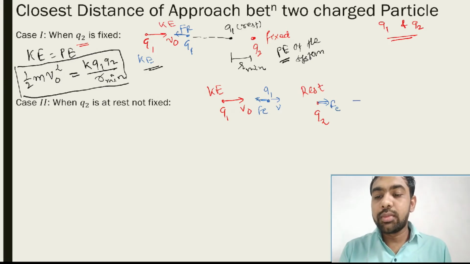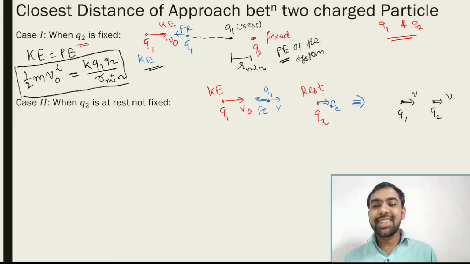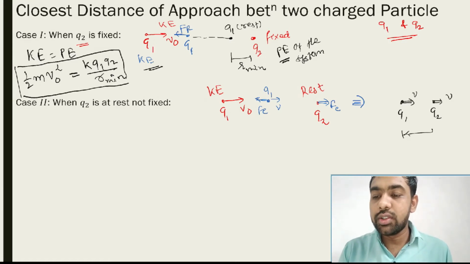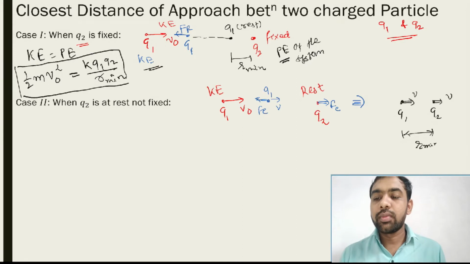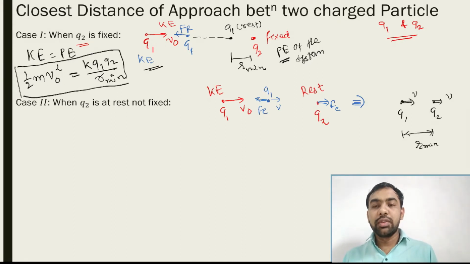After some time, Q1 is somewhere here and Q2 is somewhere here, and both are moving with the same speed, suppose V. When both are moving with the same speed in the same direction, the distance between them is minimum.